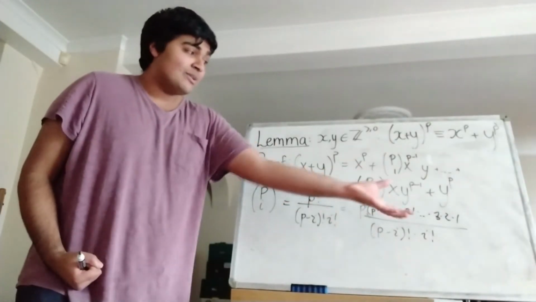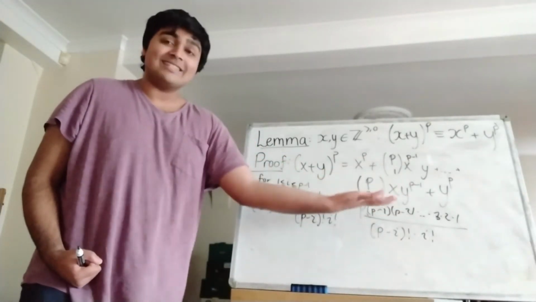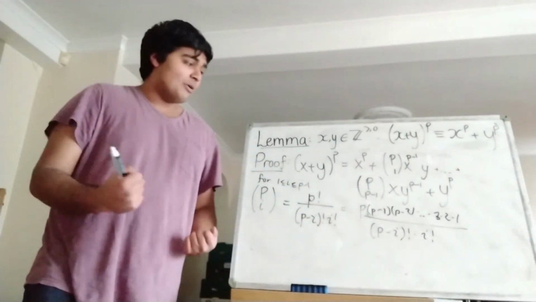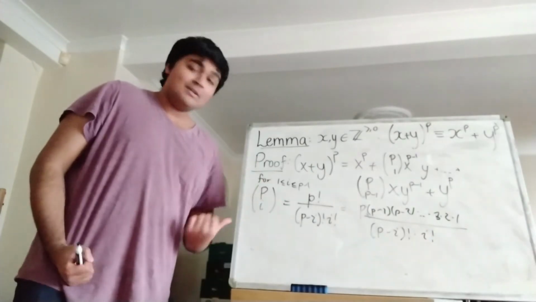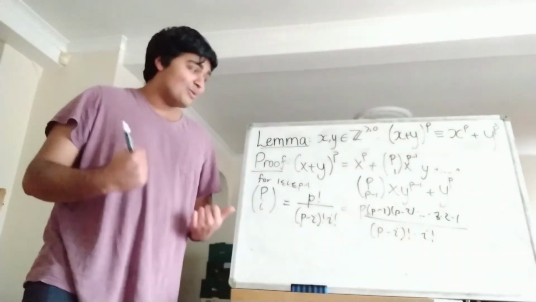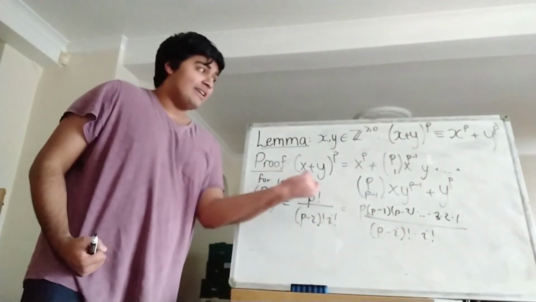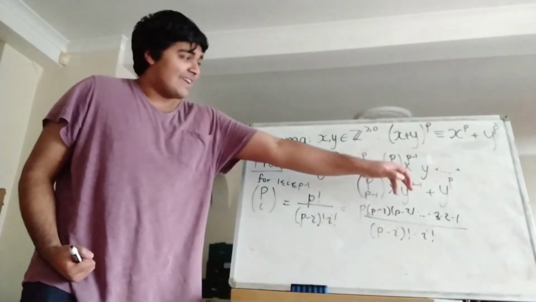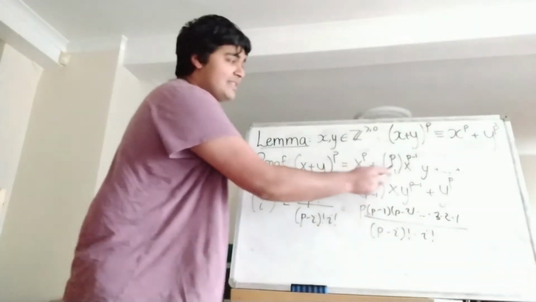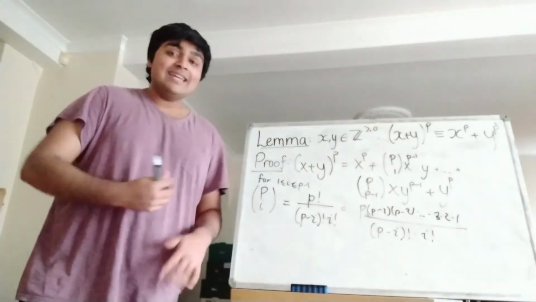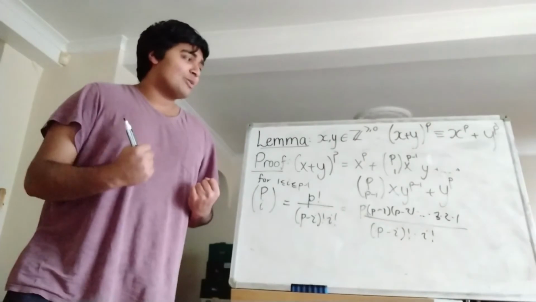That means the result, whatever I compute this to be, will always be a multiple of p. That kind of proves the lemma, because p choose i is a multiple of p for any i between 1 and p minus 1. That includes p choose 1, p choose 2, and so on. So all of these middle terms are multiples of p, and when I add them up, they're of course going to be multiples of p as well.